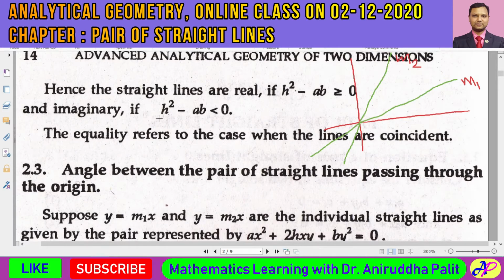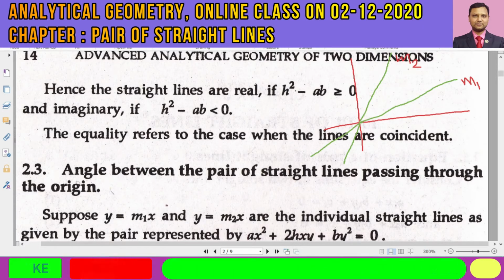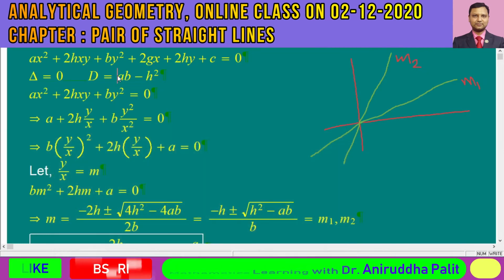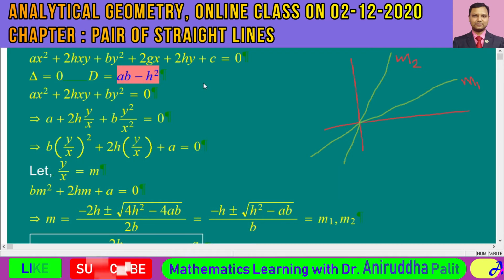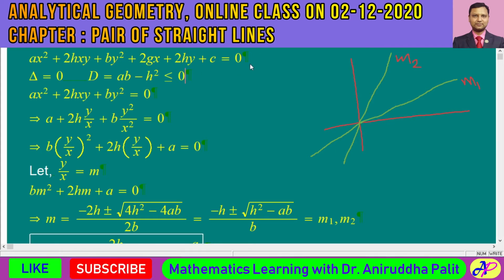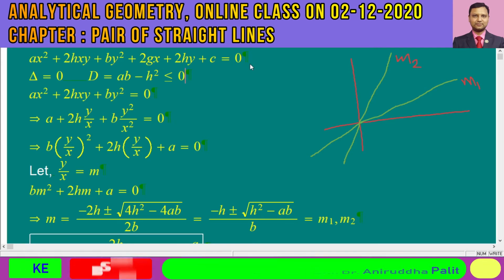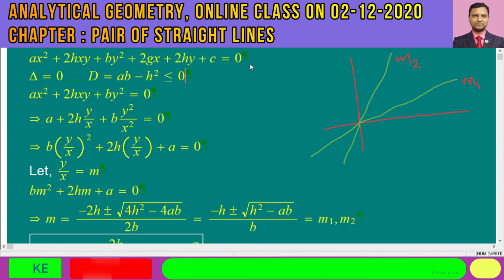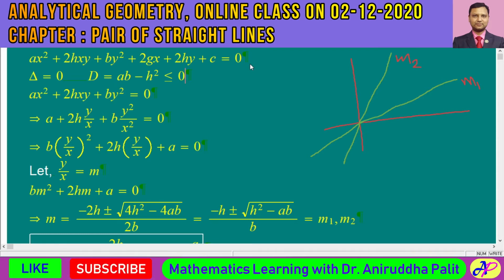And remember, h square minus ab is exactly opposite to the expression of capital D. D is equal to AB minus H square, not H square minus AB. So in order to represent a distinct real straight line, D must be less than or equal to 0. This part is a bit confusing, so be very careful about it.